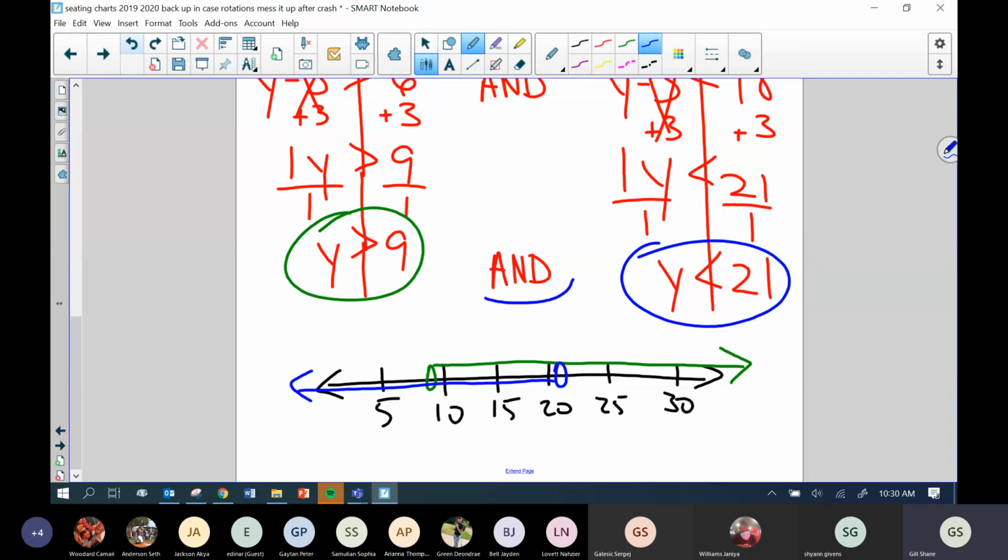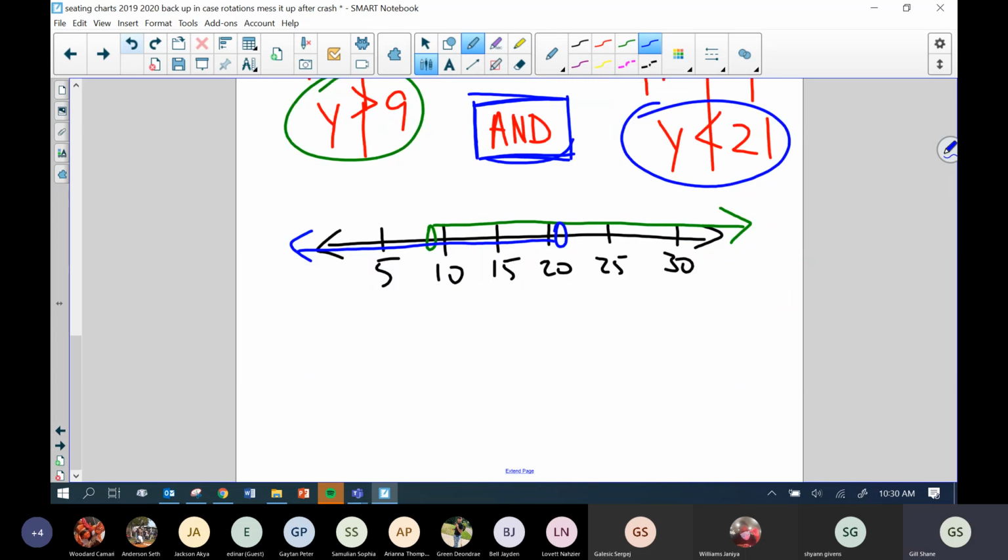Now this is an "and" problem, which means I'm not done. I need to then think, okay, well, what's my final solution? So for my final solution, I draw the graph again, and I take all of the area where I have both lines.